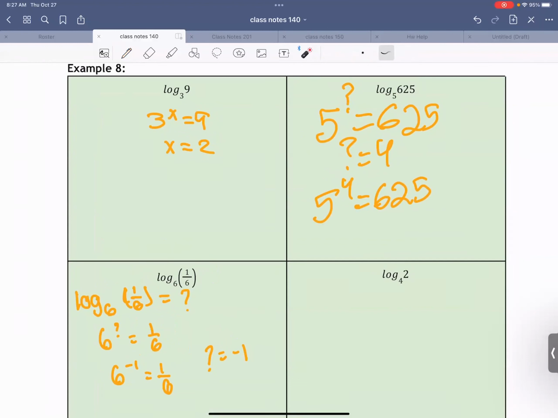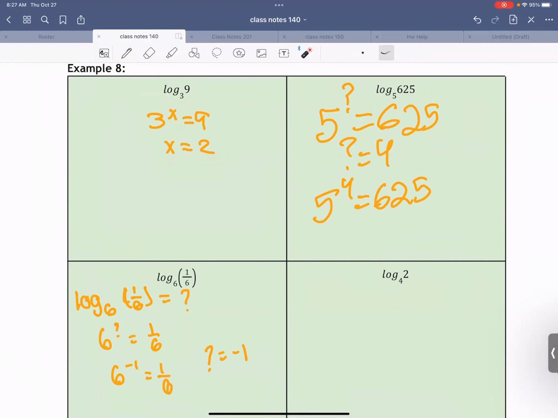Okay, example number 8, the first one asks us to find what log base 3 of 9 equaled. Who wrote this one up? Allison, do you want to take us through this one? Yeah, so just put it in the exponential form. And then I just know that 3 squared is 9.